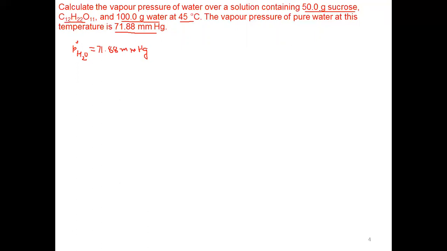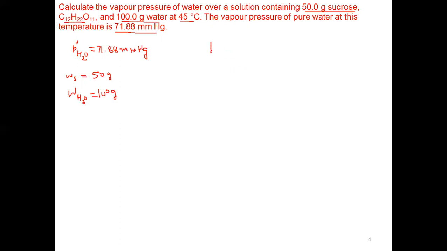So what else is given? The solution is prepared by adding sucrose. So we will write weight of sucrose, W sucrose, I will denote sucrose by WS, is equal to 50 gram, and W water is equal to 100 gram. This is the weight of sucrose and water used to prepare the solution. Now we have to calculate the vapor pressure of water in solution.